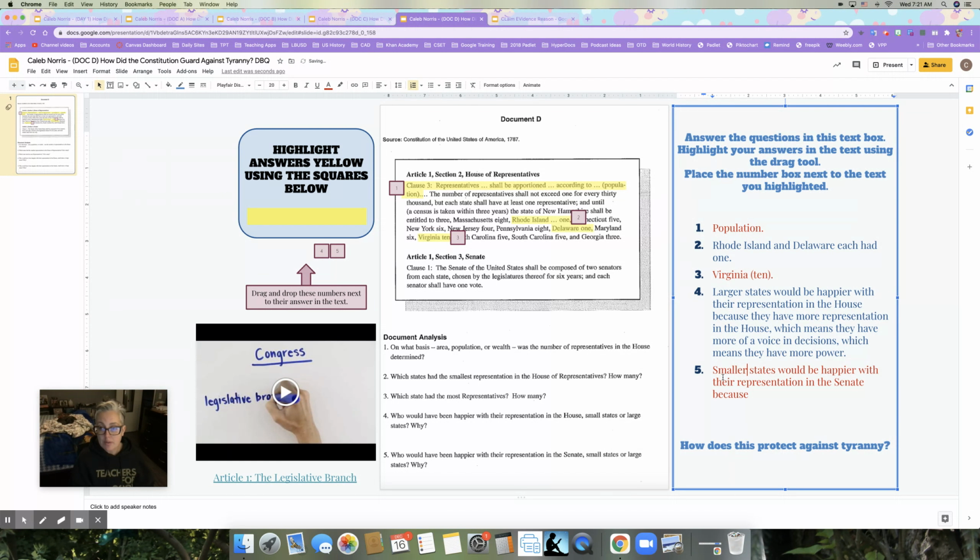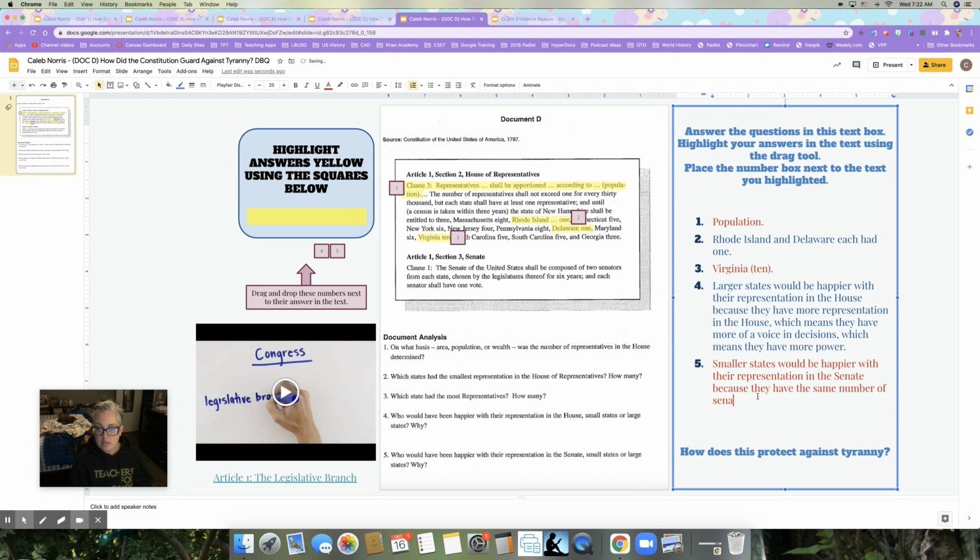So I'm going to type smaller here. Okay. And that is because now they are not outnumbered by the larger states, but now they have the same number of representatives. So I'm going to type that here because they have the same number of senators as the big states.